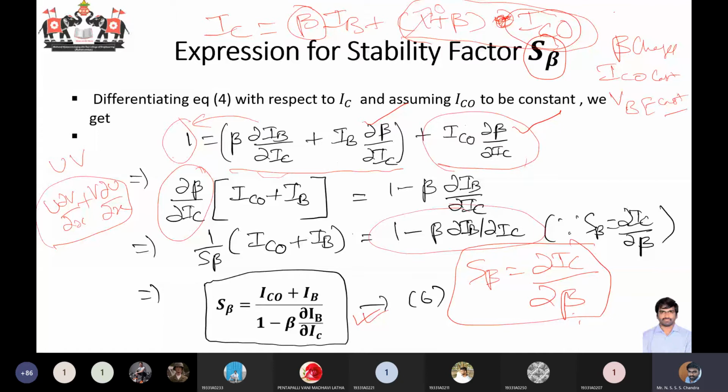If you are deriving for stability factor S, we are differentiating with respect to IC, keeping beta as constant and IC naught as variable. If we are deriving for S beta, we are deriving the expression with respect to IC, but here IC naught will be constant, whereas beta will be a variable.